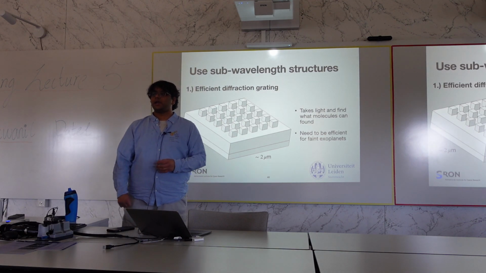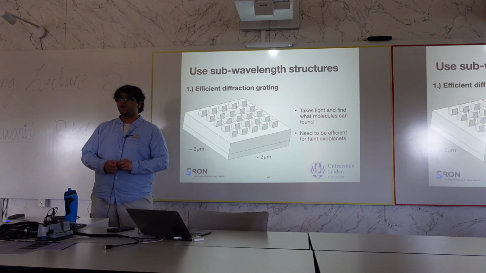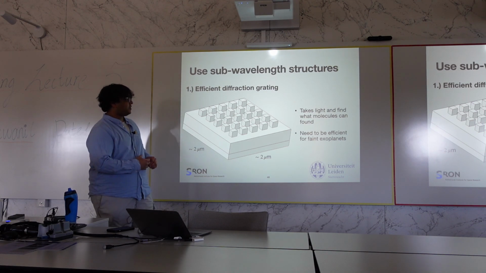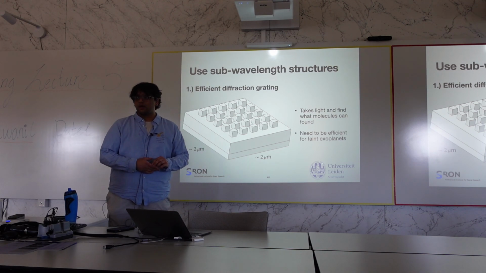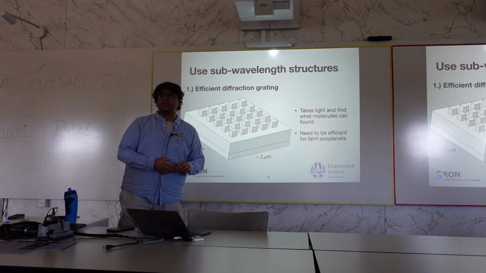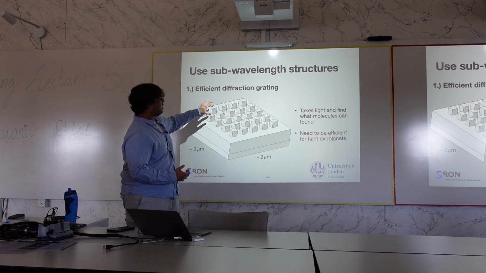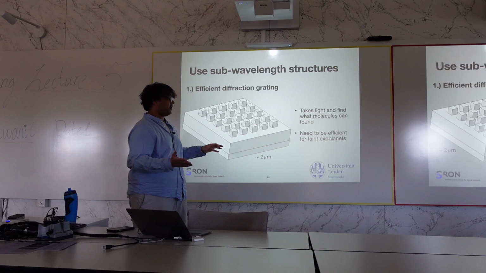And right now, for the past 1 year, I'm using these small sub-wavelength structures to design efficient instruments. Essentially, this is a diffraction grating where you have light coming in and it splits the light efficiently.